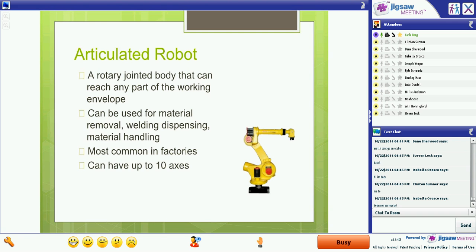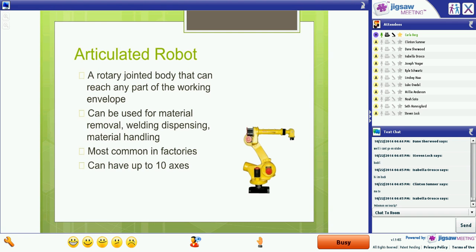And the last type of mechanism is an articulated robot. An articulated robot has a rotary body that can reach any part of the working envelope. It can be used for material removal, welding, dispensing, and material handling. It is the most common in factories today.